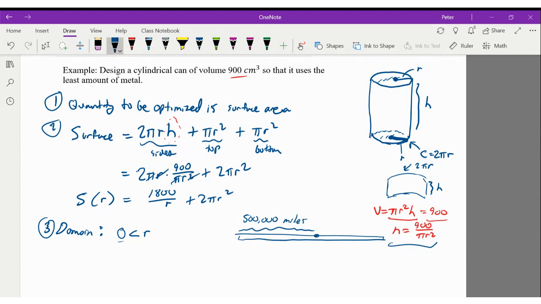It's just going to be a very short can. So there's no maximum as to what the radius can be, as long as I'm willing to make the can short enough. So all we can really say about r is that it's less than infinity. So the domain is 0 to infinity, and we now have our first optimization problem that does not involve a closed and bounded interval. That makes sense to everyone?